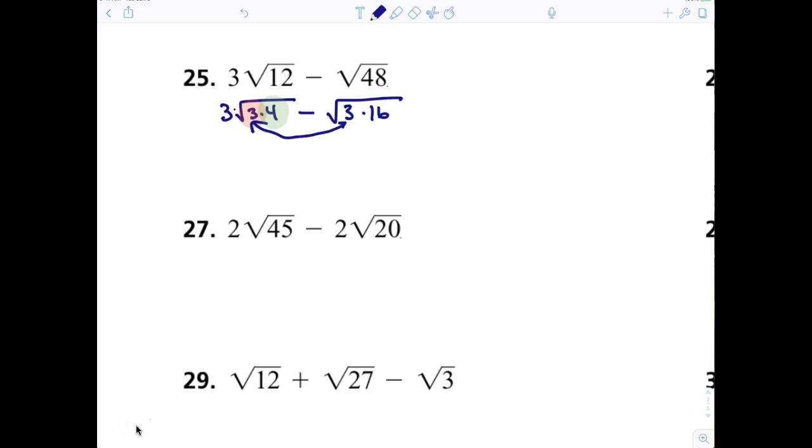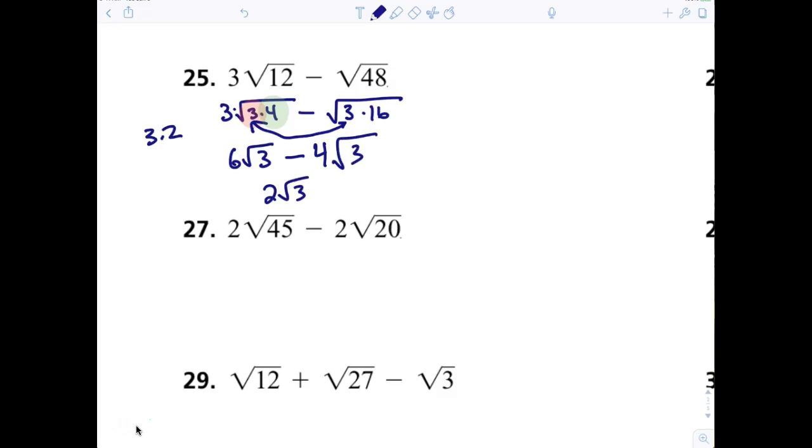Because this says 3 times. You with me? So make sure you understand that if you didn't know that, put 3 times 2 down, so you remind yourself. So this would be 6 radical 3 minus what? Minus 4 radical 3. Yes. So my final answer? Oh, it's 2 radical 3.